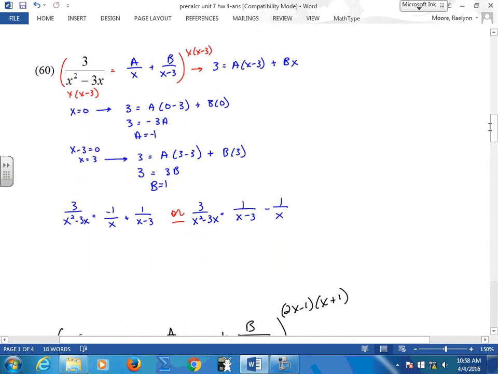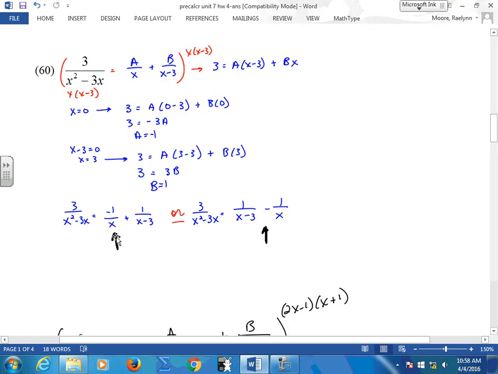All right, this guy, again, factor, same routine. I think it looks better with the minus if you only have one term that has a negative. It kind of looks better this way than it does this way, but it's not wrong either way.